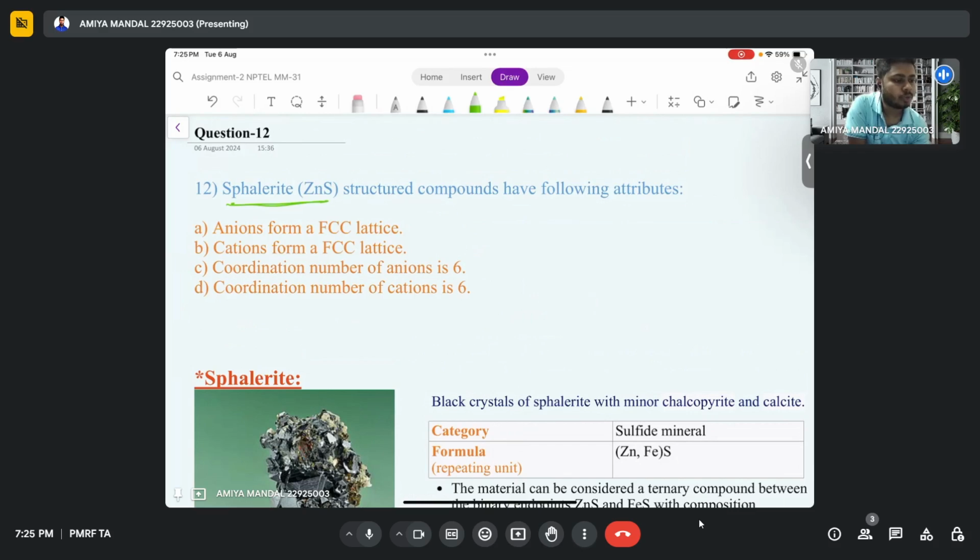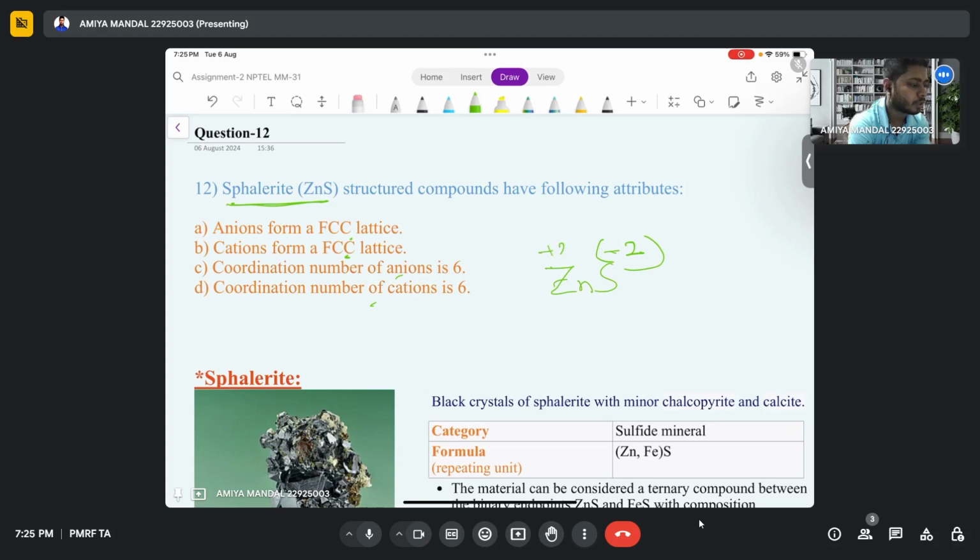So we have to know the sphalerite or ZnS structure. The anion forms an FCC lattice, the cation forms an FCC lattice, the coordination of the anion is 6. So we have to know what type of structure zinc sulfide has and what the coordination of the anion or cation is.